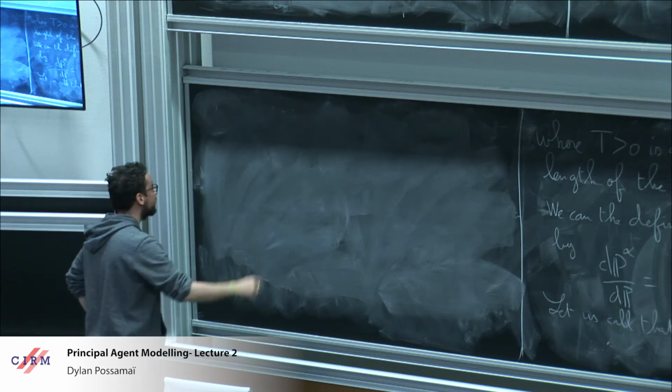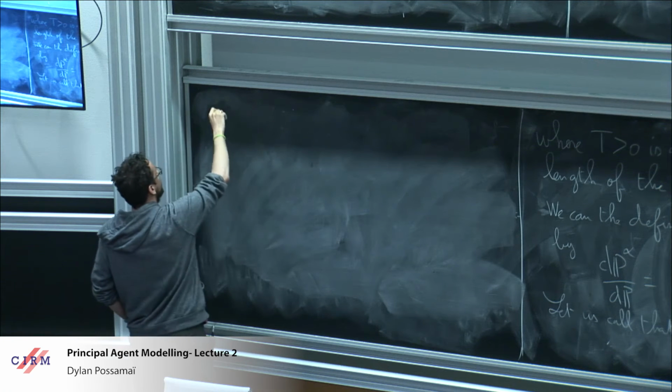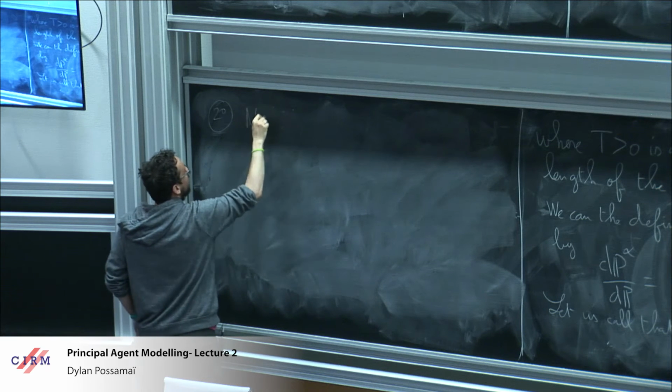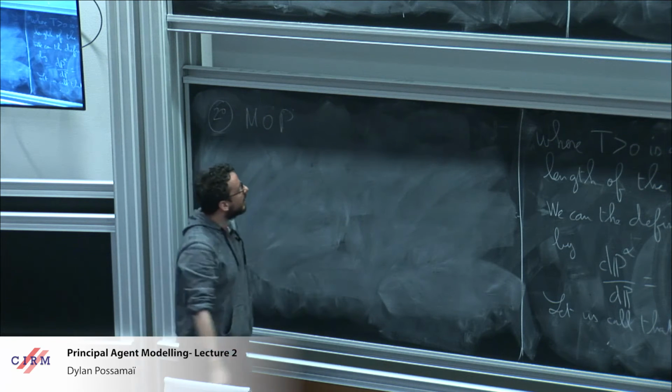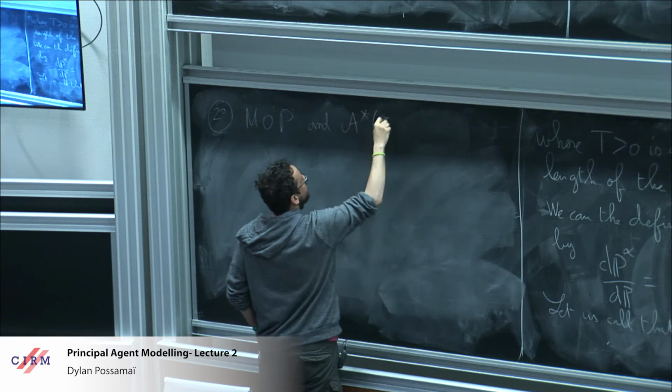All right, so this should be number 2. So MOP, that's for martingale optimality principle, and A star of psi.